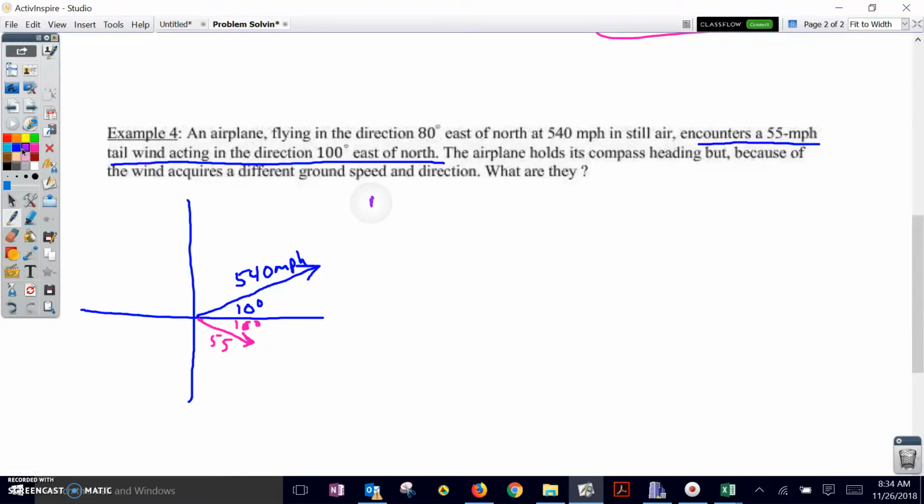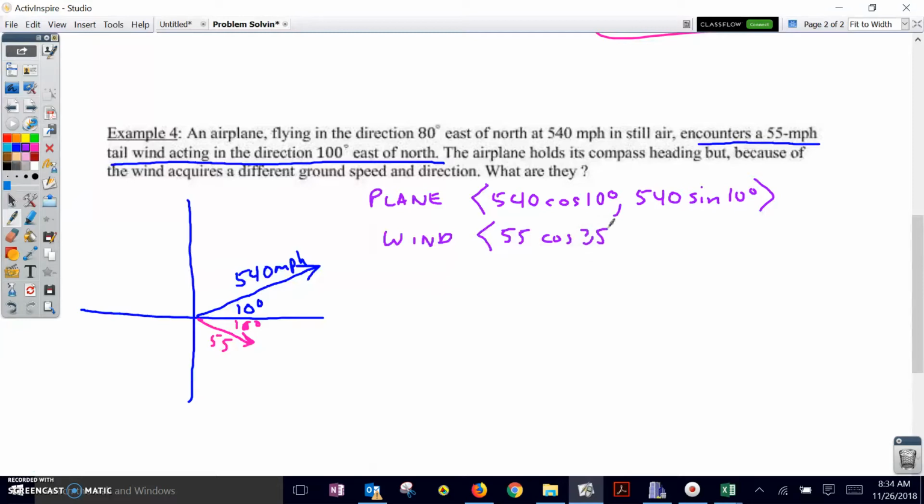The vector for the plane is 540 cosine of 10 degrees, 540 sine of 10 degrees, and the vector for the wind is 55 cosine of 350 degrees, or negative 10, 55 sine of 350 degrees.